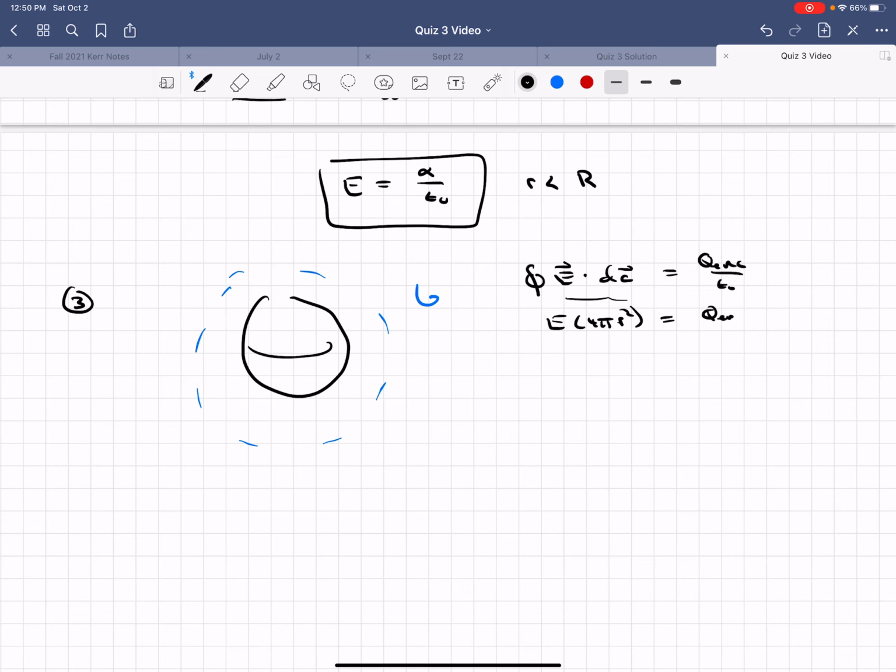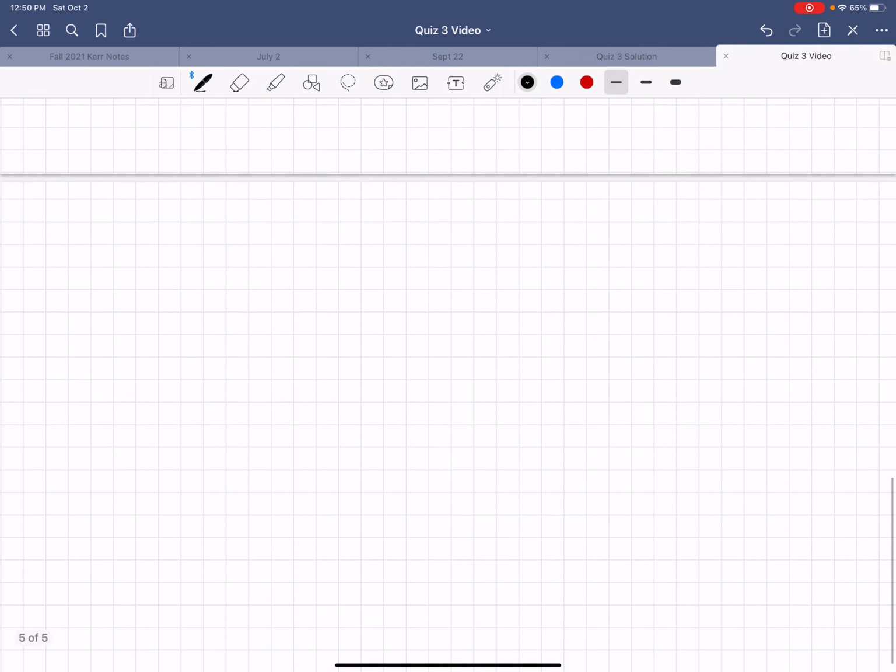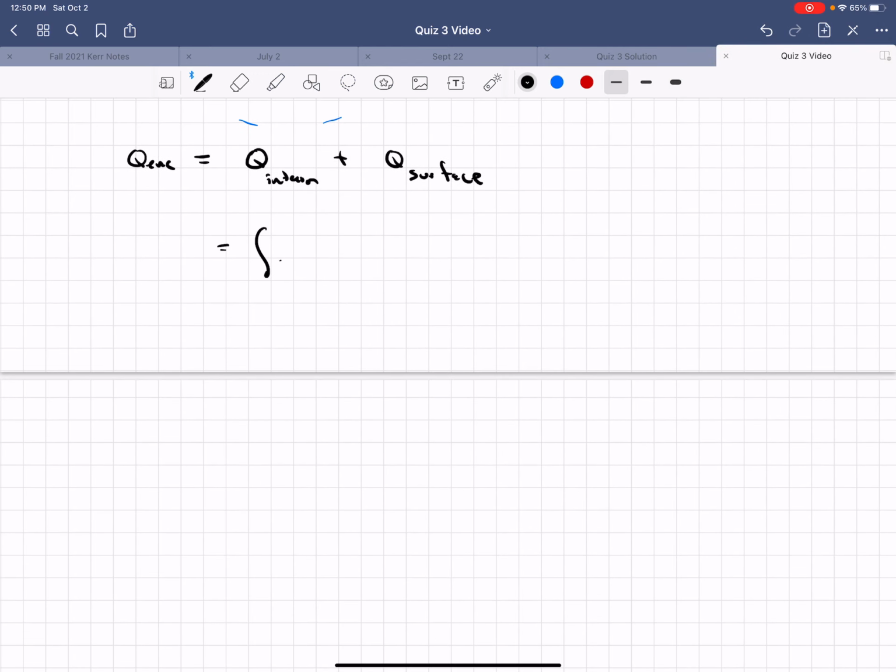But to compute Q enclosed, I'm going to have 2 contributions: the charge from the interior, which is integrating the rho, and the charge on the surface, which is integrating the sigma. For the rho integral, again I have 4 pi from the theta and phi integrals.